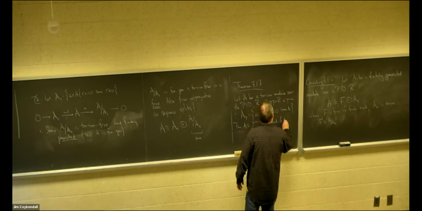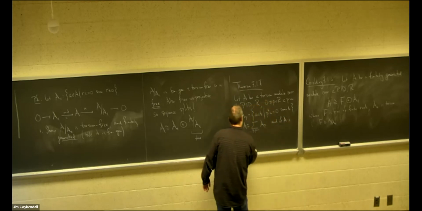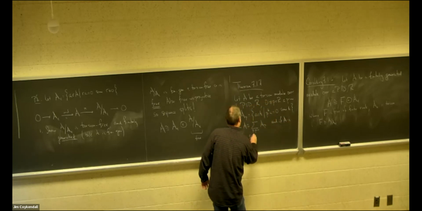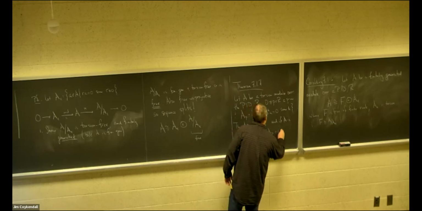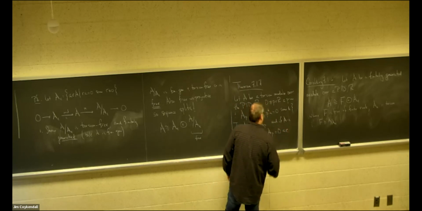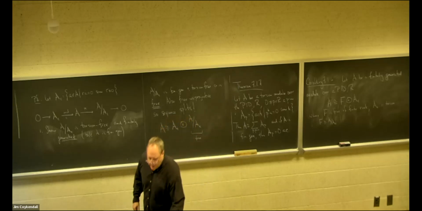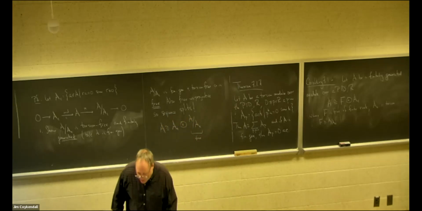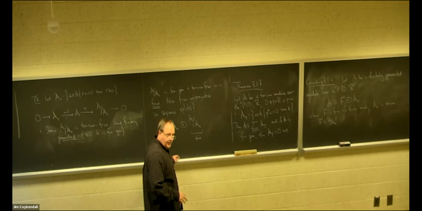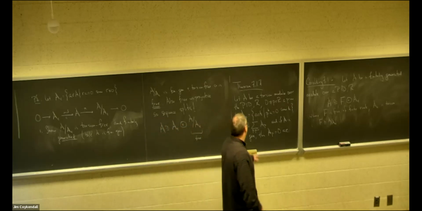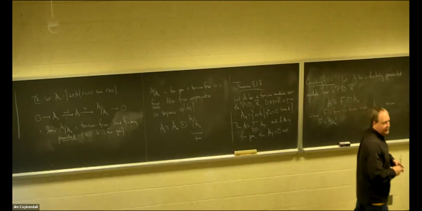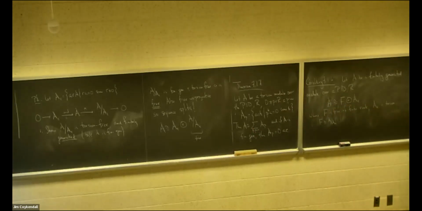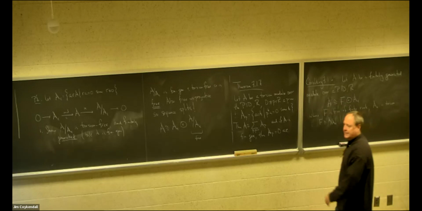And if A is finitely generated, then A sub P equals 0 almost everywhere. And remember, what I mean by almost everywhere is all but finitely many. So if it's a finitely generated module, there are only finitely many primes that you have to use. Okay, any questions on that?